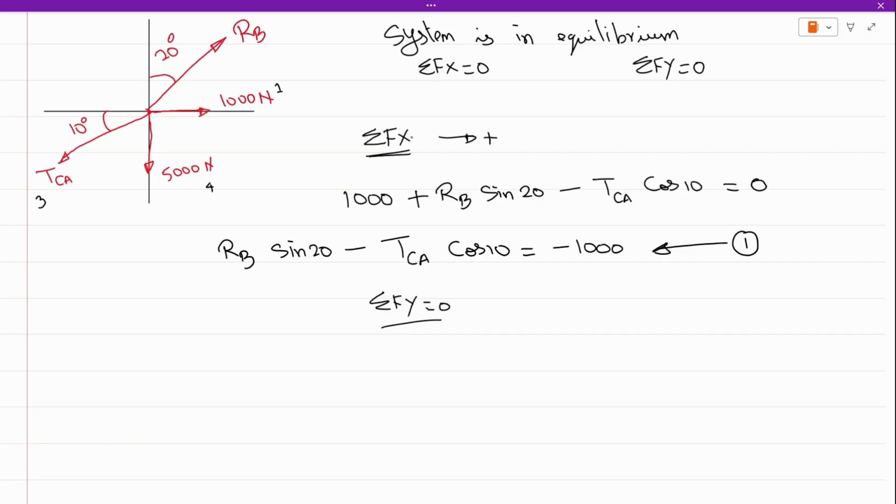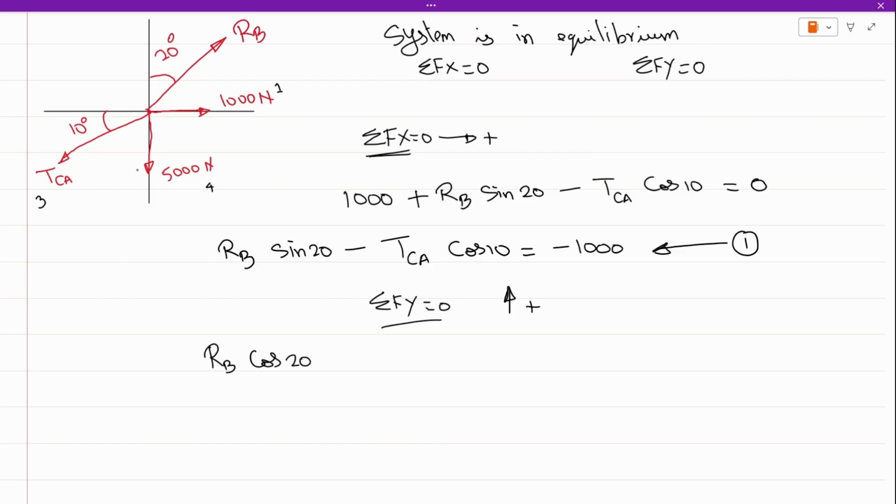Now let us go for summation Fy equal to 0. When you go for y, I will consider upward as positive. Again, we go one by one. The 1000 Newton is in the x-axis, so we should not consider it. RB, bring it to y, the angle is decreasing, positive y-axis, so RB cos 20 degrees.